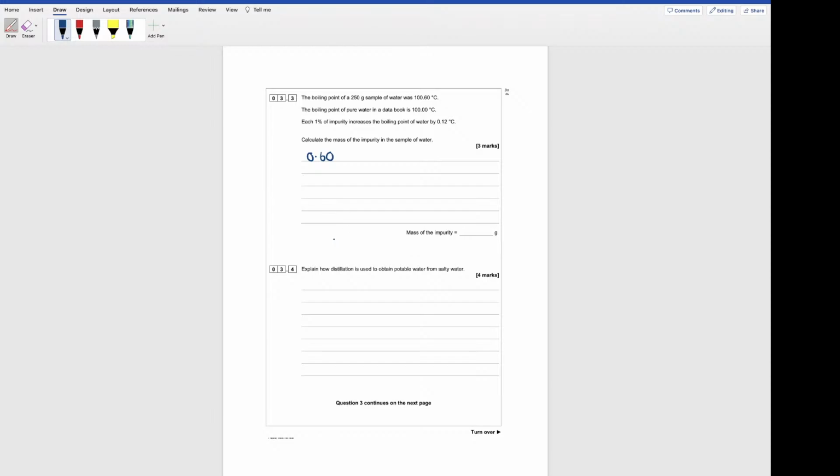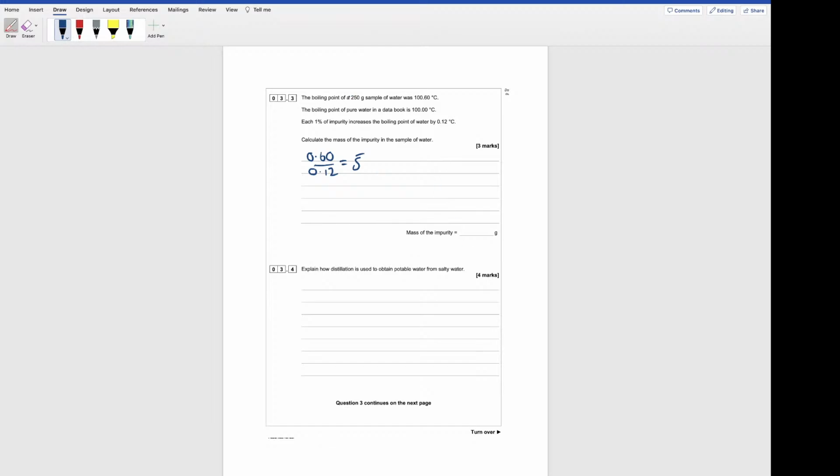So I'm going to see how many times 0.12 goes into 0.6. And that'll tell me effectively how many percentage of impurity there is. So 0.6 divided by 0.12, that's 5%. Okay? So there is a 5% impurity of this.